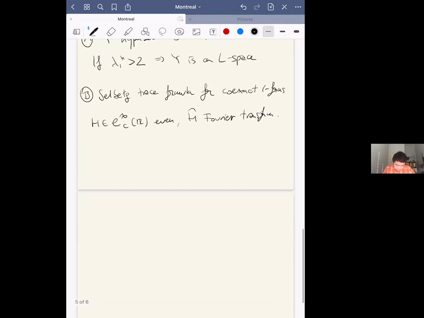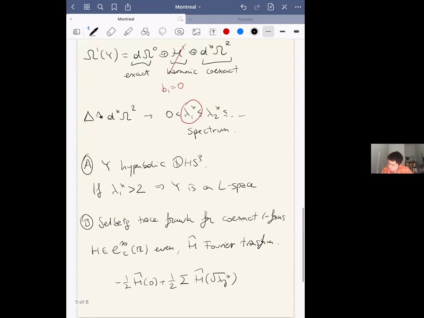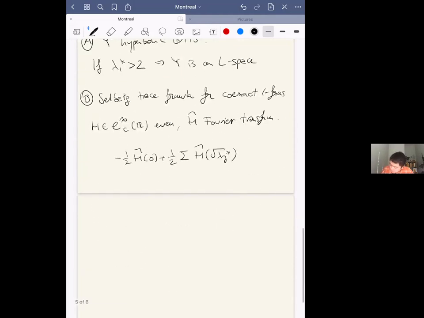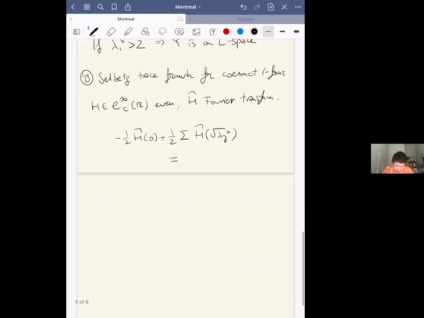Yeah, so we have the following identity. Minus 1/2 the Fourier transform at 0 plus 1/2 the sum of the Fourier transform at the square root of these coexact eigenvalues is equal to another sum.